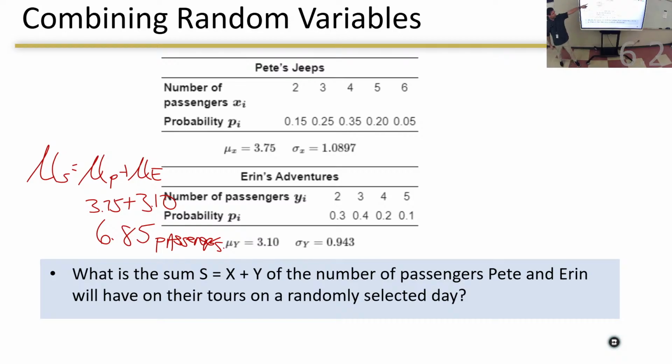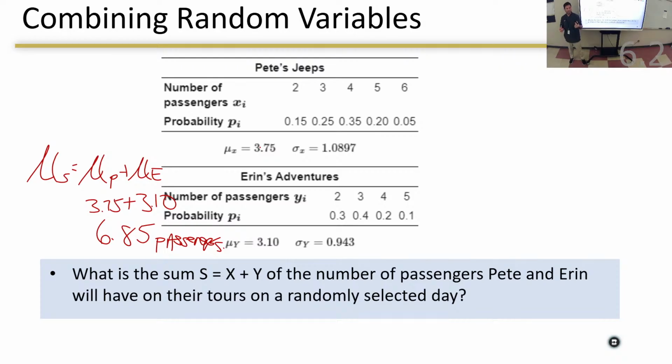He normally gets 3.75. She normally gets 3.10. They normally get 6.85 together. Okay with that? If I wanted to know how many more on average Pete gets, I would just subtract those two and realize that Pete gets 0.65 more passengers. Do understand that sometimes you might get a negative. If I subtracted Pete from Erin, you would get negative 0.65.